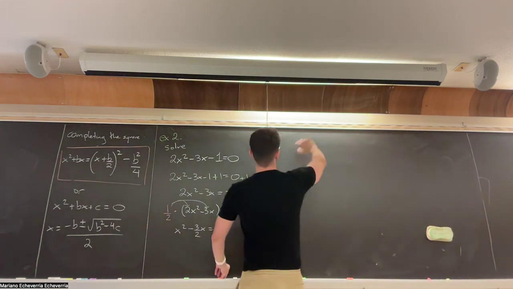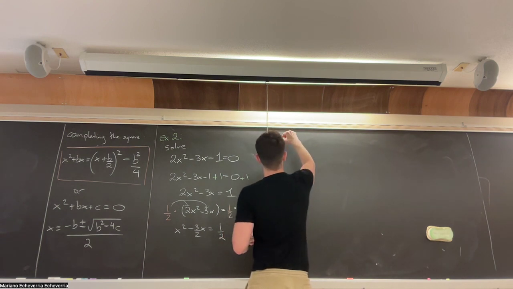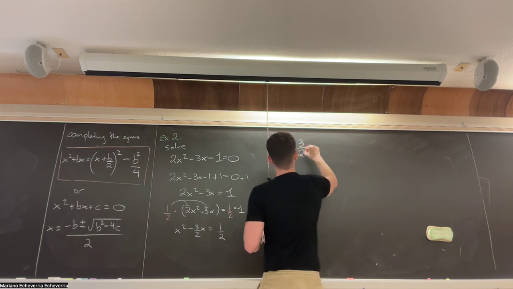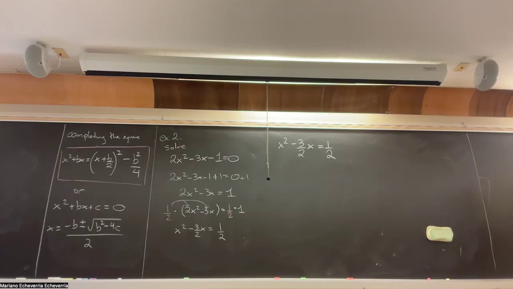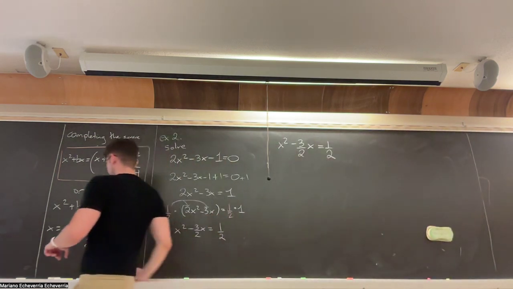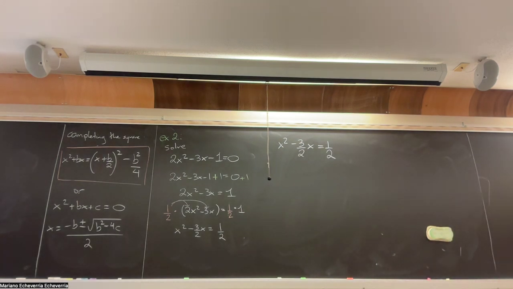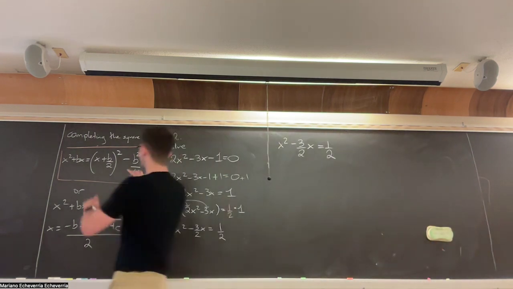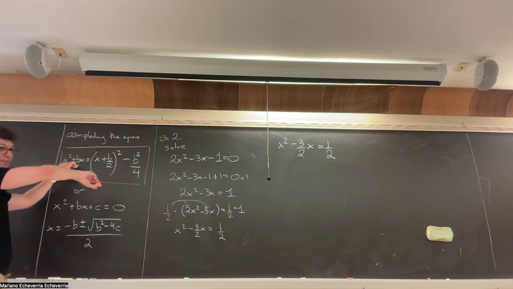Let me rewrite this here, so that it's a little easier to read. And now this is ready to go, because now you can compare this directly with the completing the square formula, where b just happens to be -3/2 in this case.